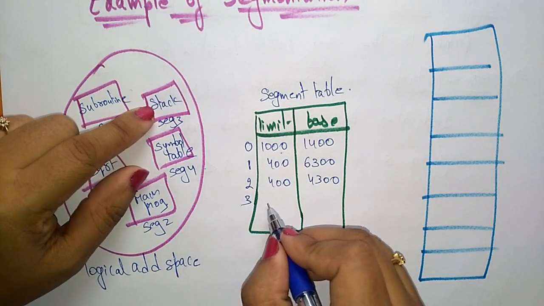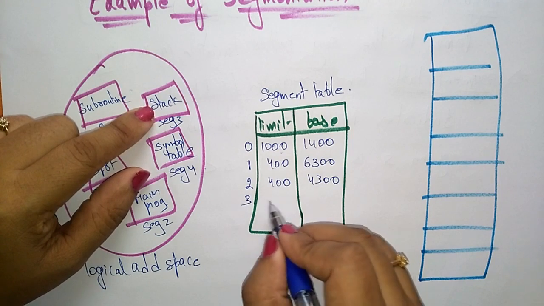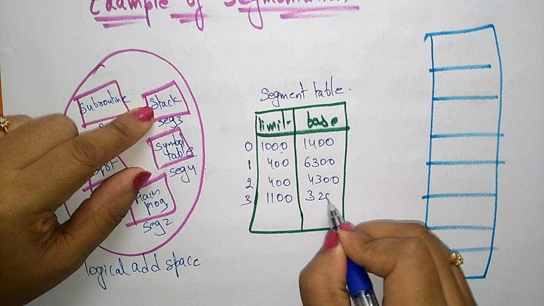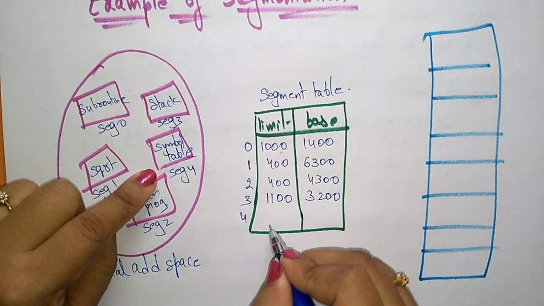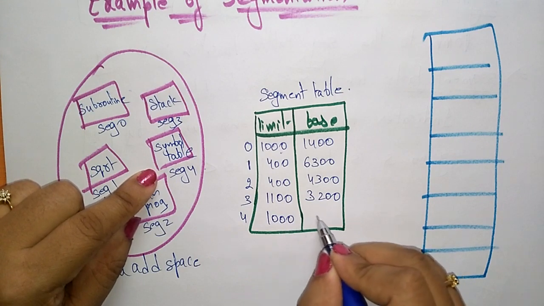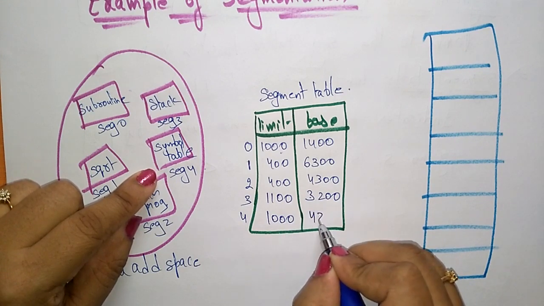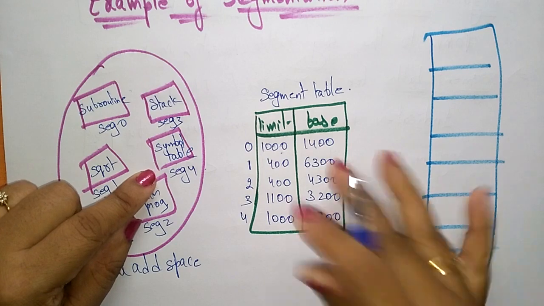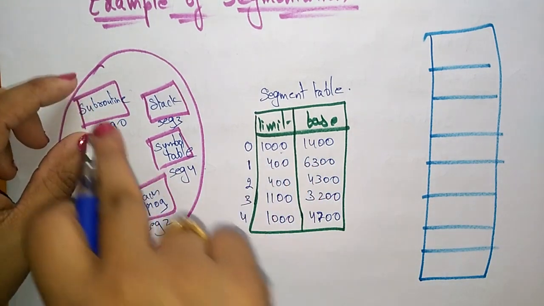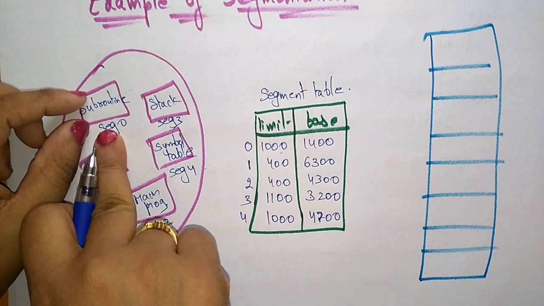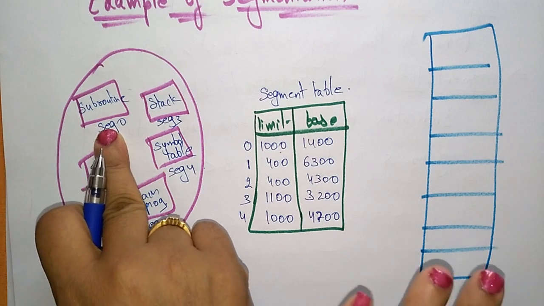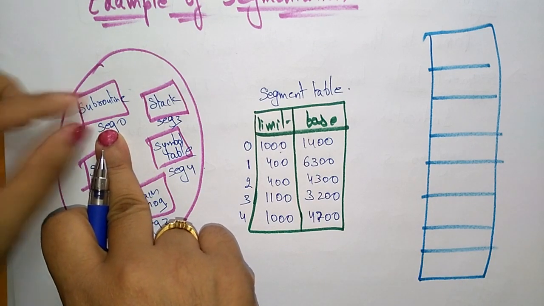Segment 3, the stack, has length 1100 and physical base address 3200. Segment 4, the symbol table, has limit 1000 and base address 4700. So each segment has a starting address where it has to be stored in physical memory, and the size of that segment.